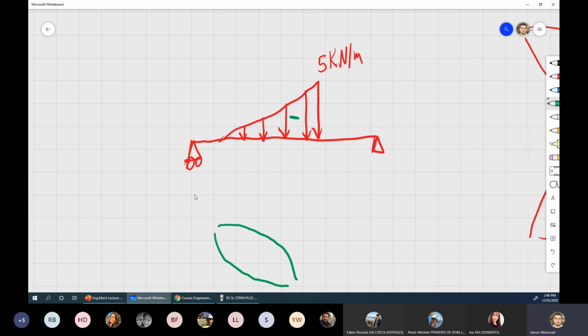Obviously, we have reactions, all of that. I don't care. All I care about now is this portion here. These two cases meet the criteria. Both of them are going down, looking from higher value to lower value. Both of them are parabola shapes. The only thing I don't know is, does it face up or down?